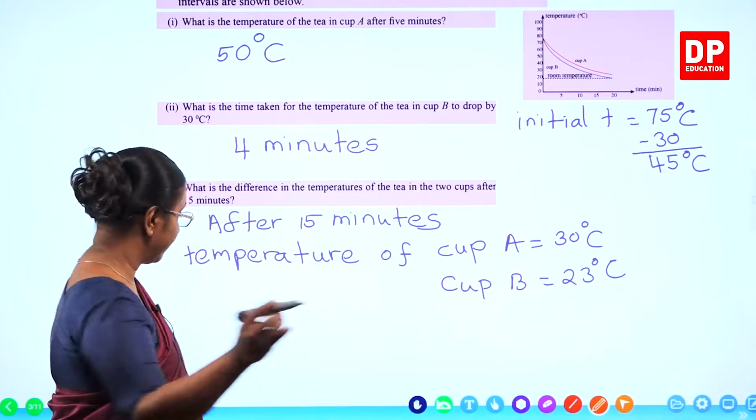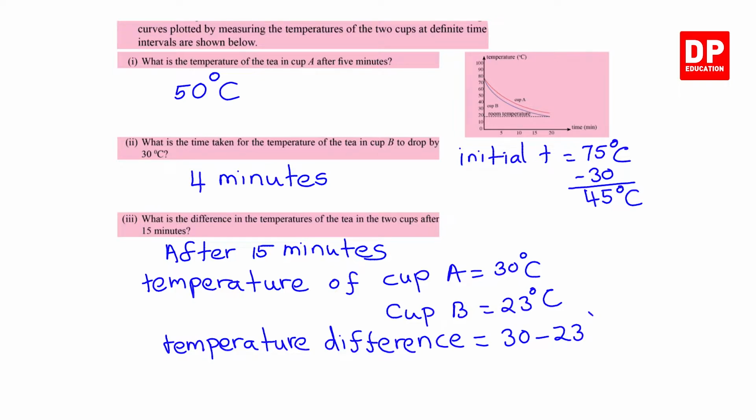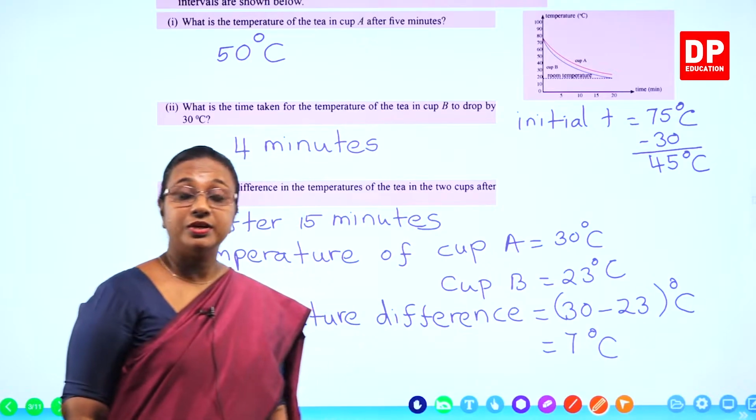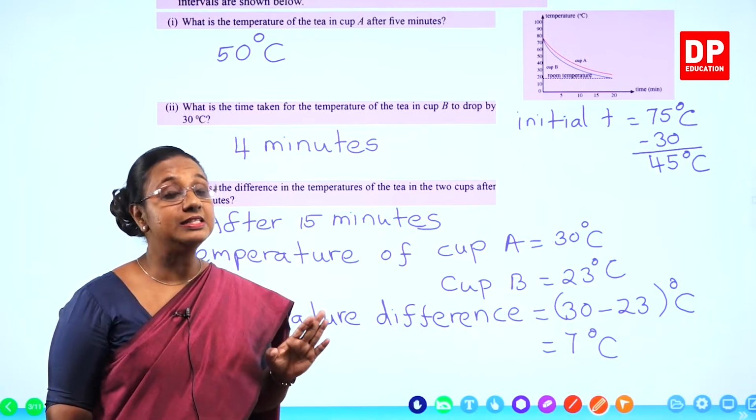So, what is the difference? Here we can say temperature difference. That is going to be 30 minus 23 degrees Celsius. That's 7 degrees Celsius.